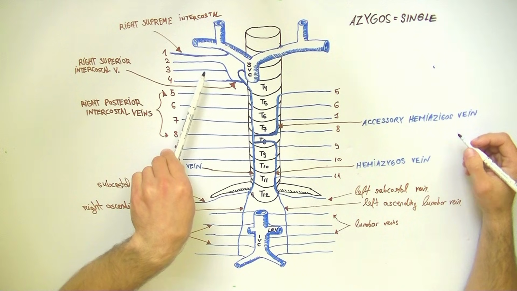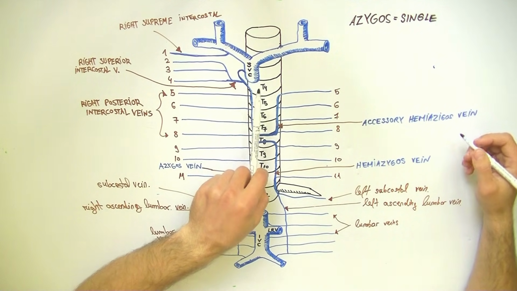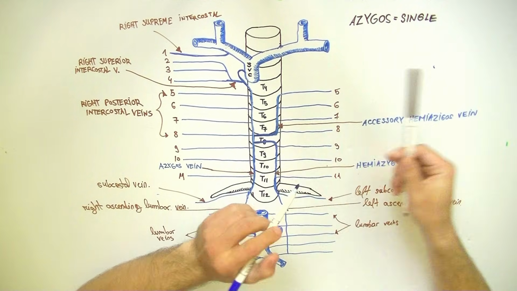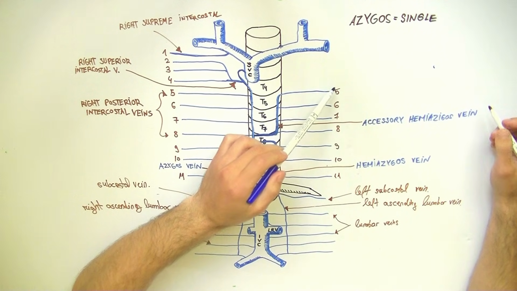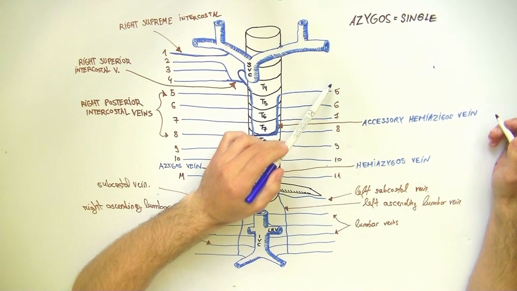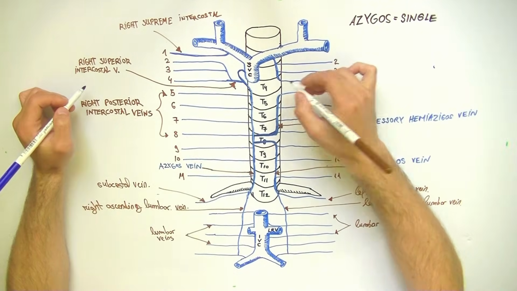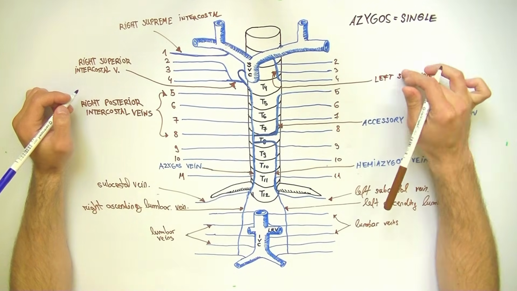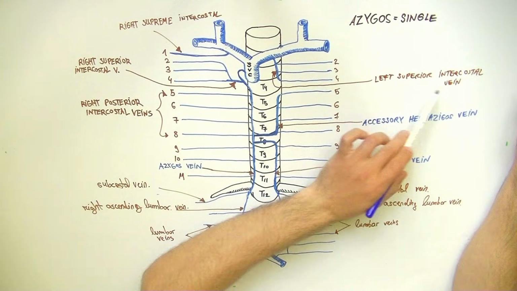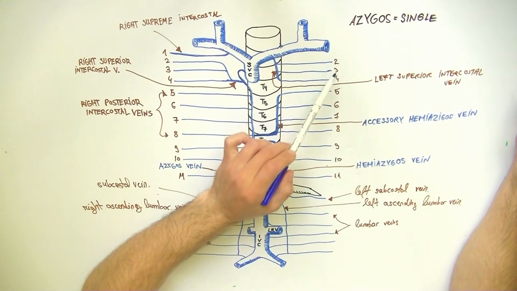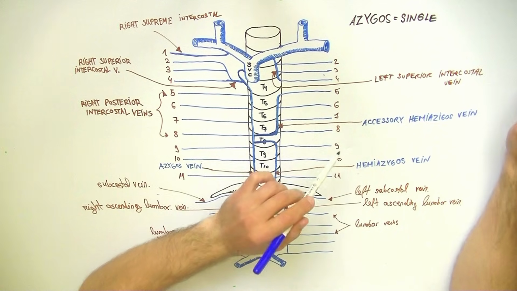Like on the right side, we also have a left superior intercostal vein, which will drain the 2nd, the 3rd and the 4th left posterior intercostal veins. So the left superior intercostal vein drains the 2nd, the 3rd and the 4th left posterior intercostal veins.